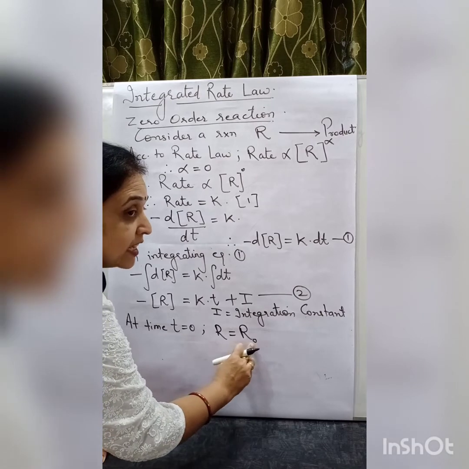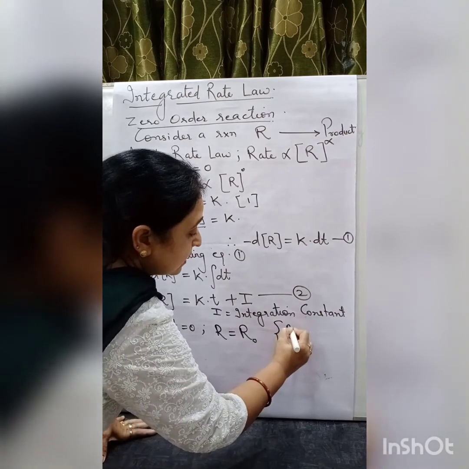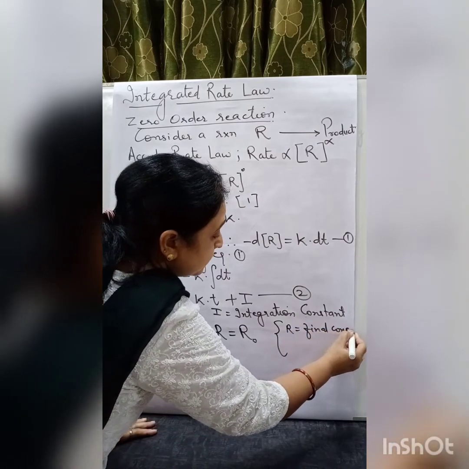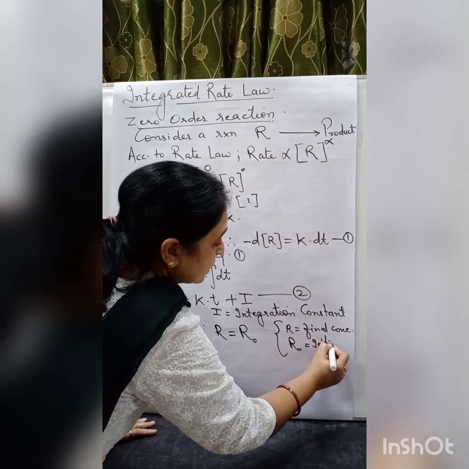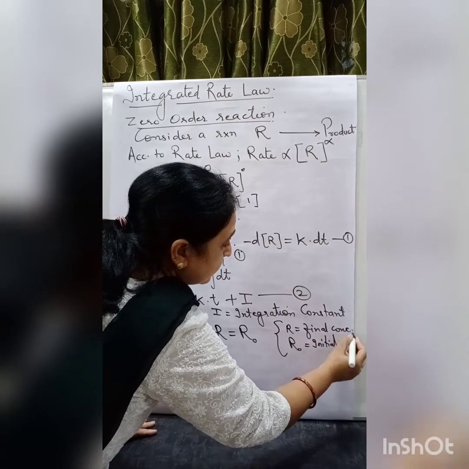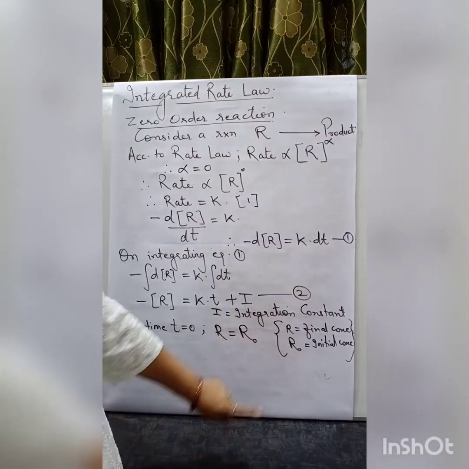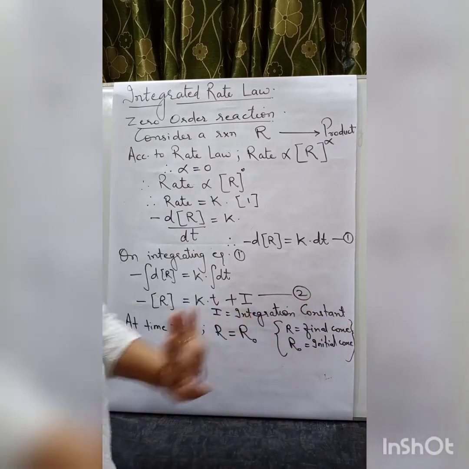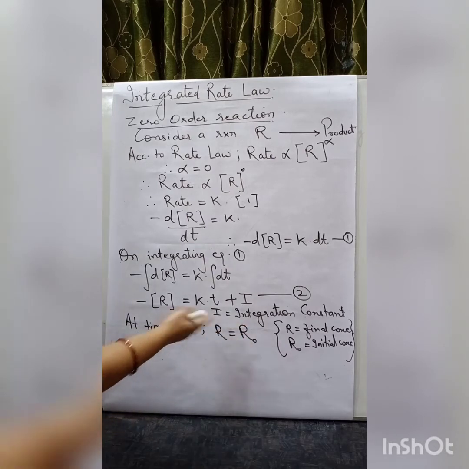R0 is the initial concentration. R stands for final concentration. When the reaction has not started, that time you can say it is the initial concentration, and as time proceeds, R is the final concentration. So in the beginning we are having R0.